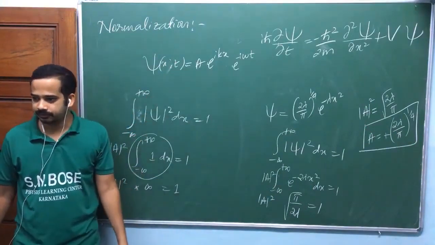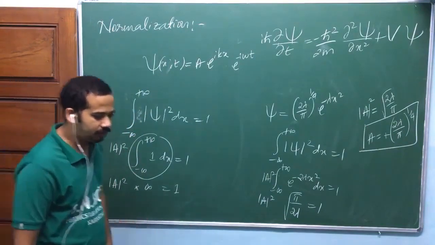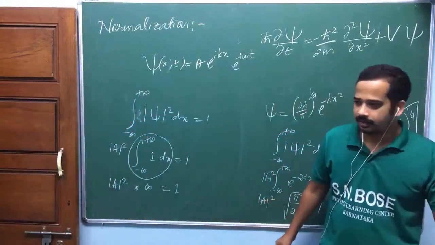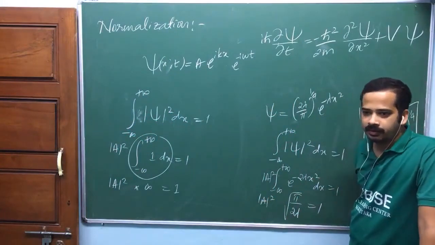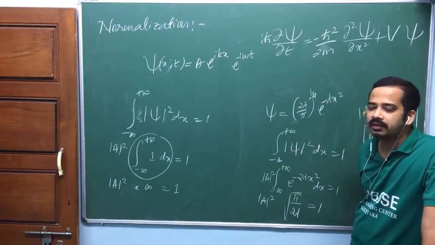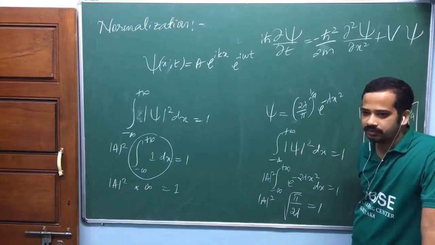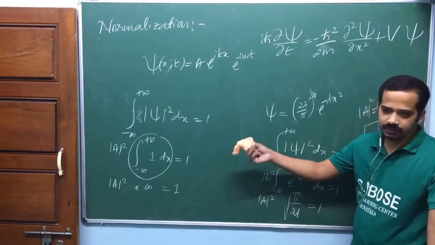Sir, actually, what do you think about this infinity? No, we don't know about infinity. Infinity means, because it's a scale, right? In scale, infinity means it is nowhere in our region of interest. Are you getting my point? You have some region of interest, am I right?